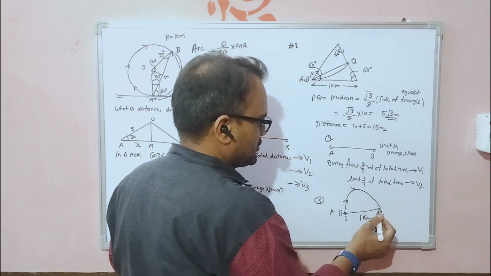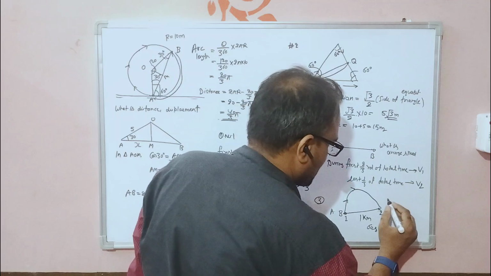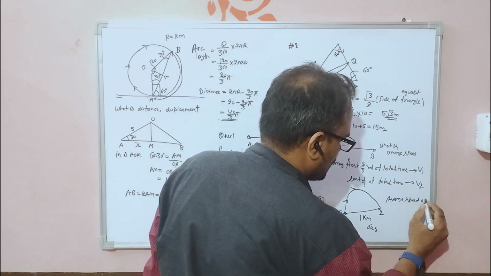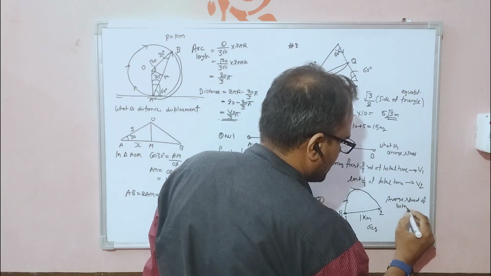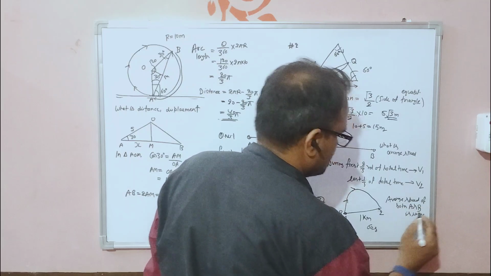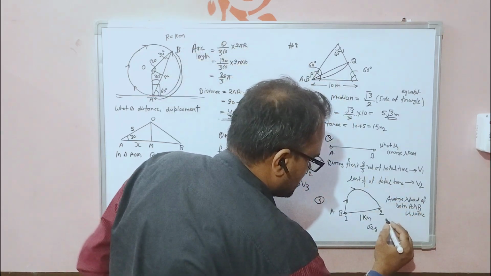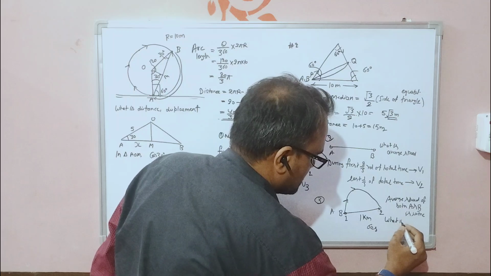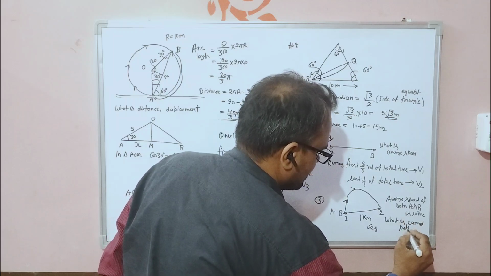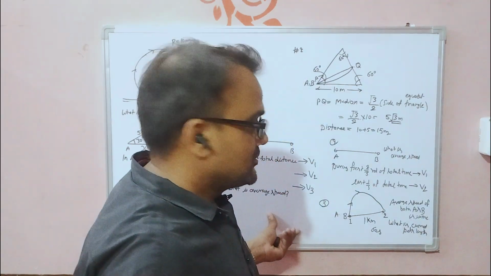He reaches point 2 after 10 seconds of B, and it is given that the average speed of both A and B is the same, right? So we have to find out the curved path length. Okay, so these are the questions for quiz number 2.